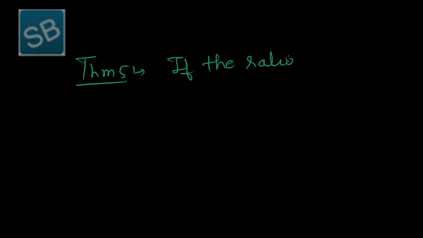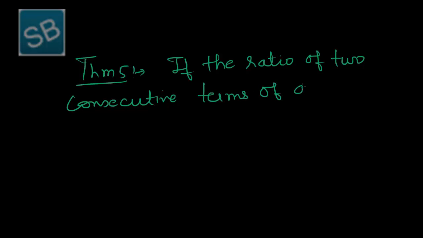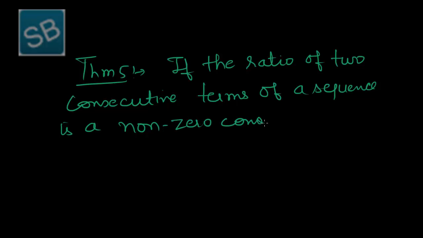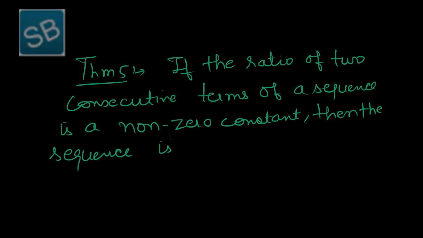Now the next theorem of GP, theorem 5, states that if the ratio of two consecutive terms of a sequence is a non-zero constant, then the sequence is a GP.